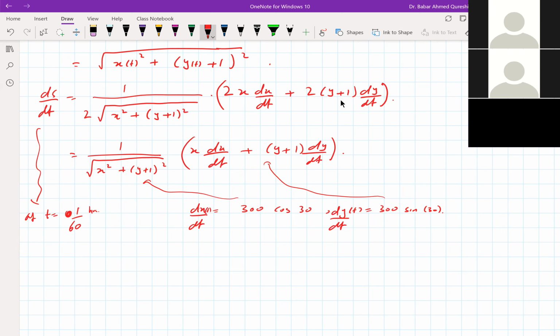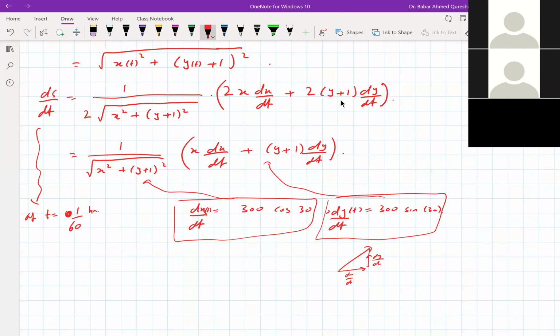So you're just resolving the speed along dx by dt and dy by dt. You've got these speeds along x and y, so you can now find x of t at 1 over 60 hours.